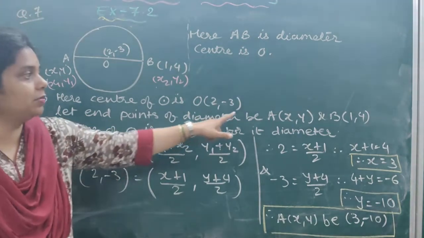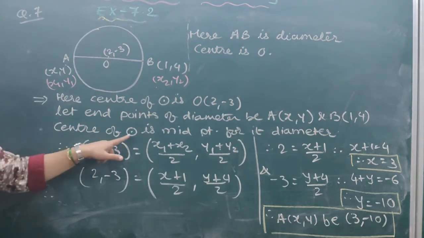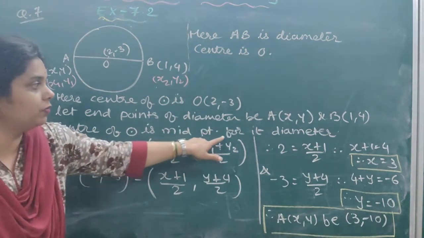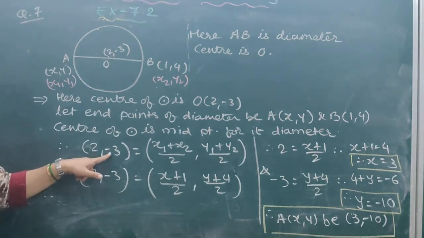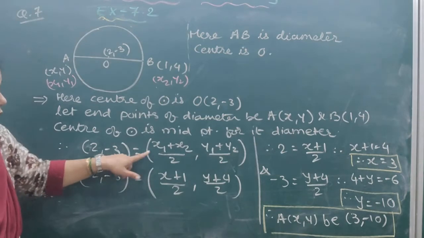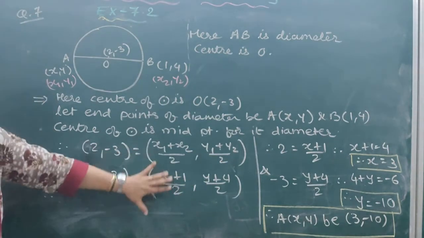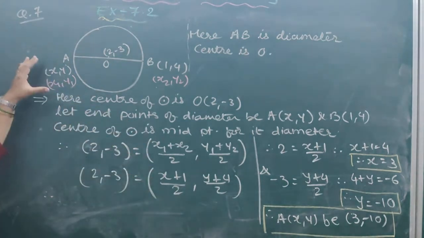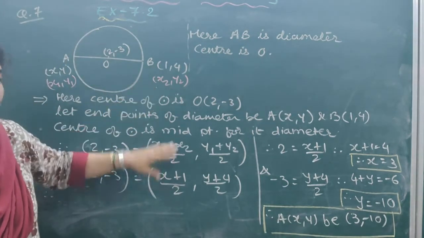The endpoints of the diameter are A (x, y) and B (1, -4). Now the center of a circle is the midpoint of its diameter, and therefore we apply: (2, -3) is the center, so the coordinates equal ((x1 + x2)/2, (y1 + y2)/2). After substituting the values, I took (x, y) as (x1, y1) and (1, -4) as (x2, y2).